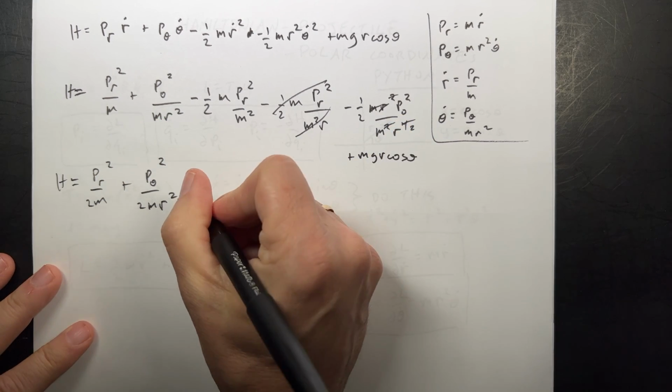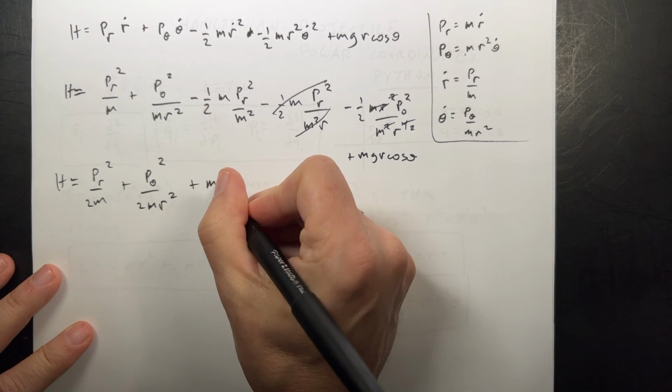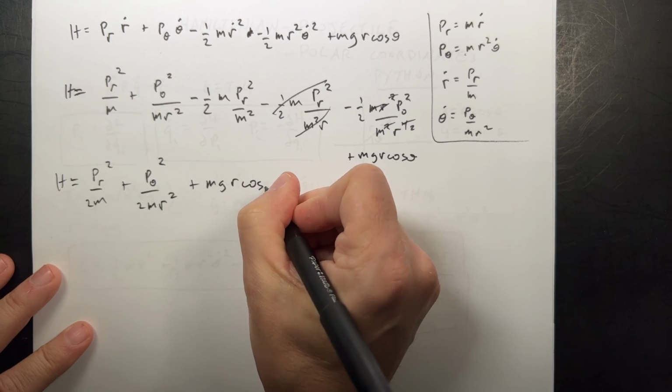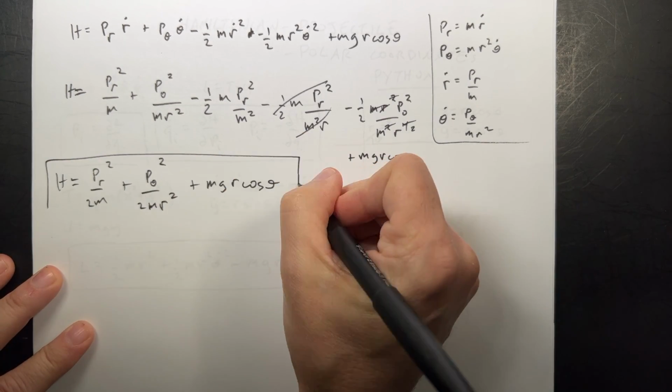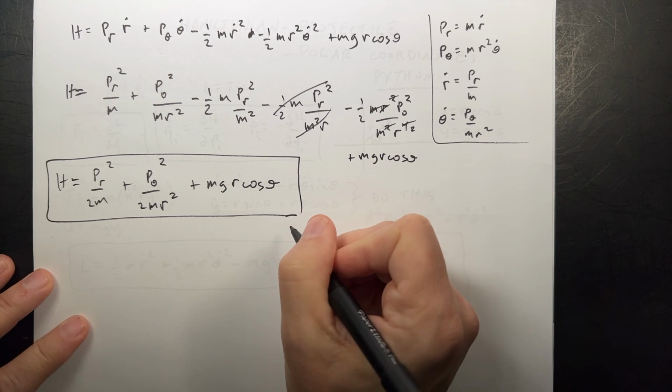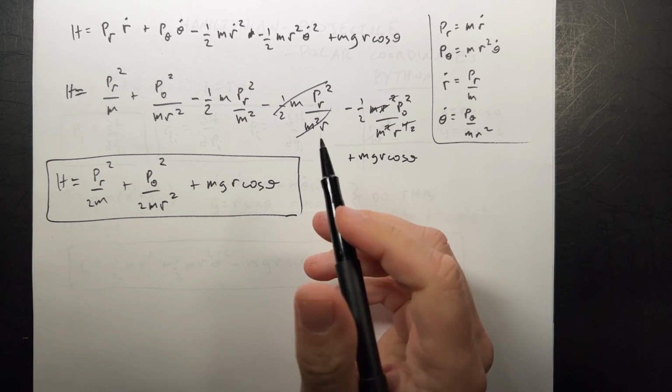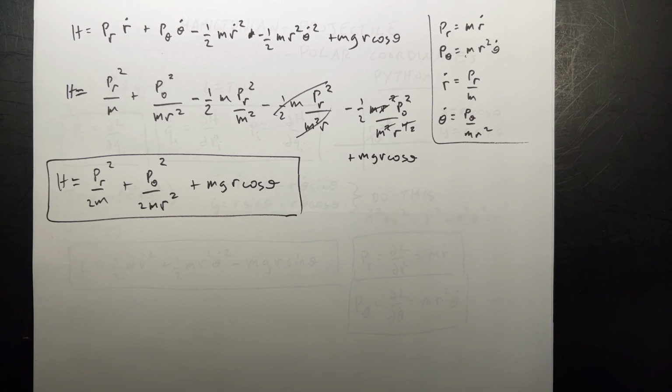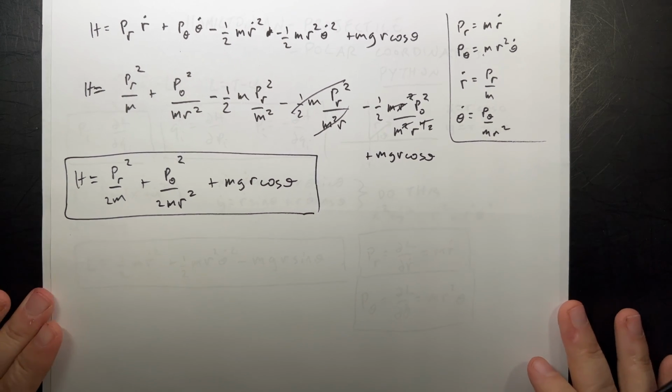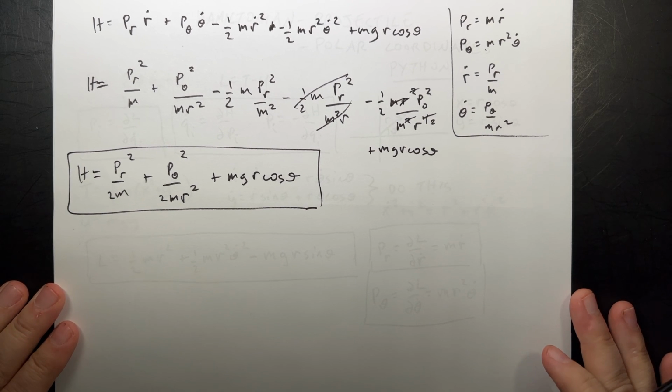And then I have plus m g r cosine theta, and that's my Hamiltonian. But you'll notice there's no theta dots in there, there's no r dots in there. It's all in terms of r and p r, theta and p theta. We're ready to rock and roll.